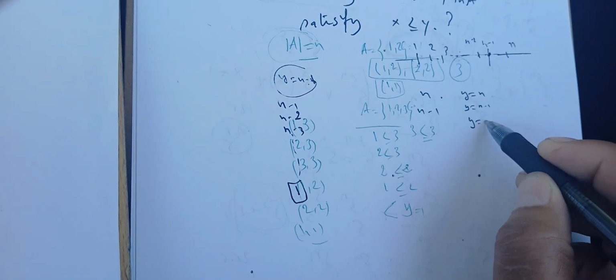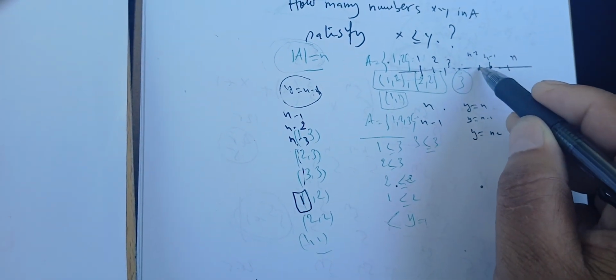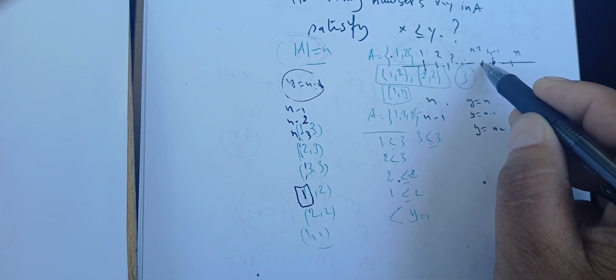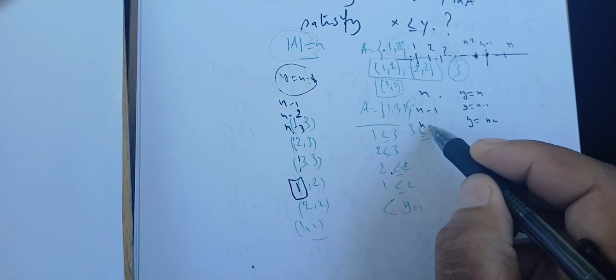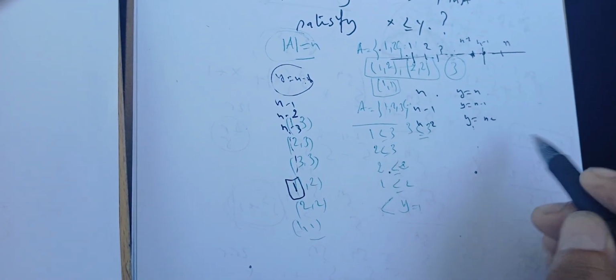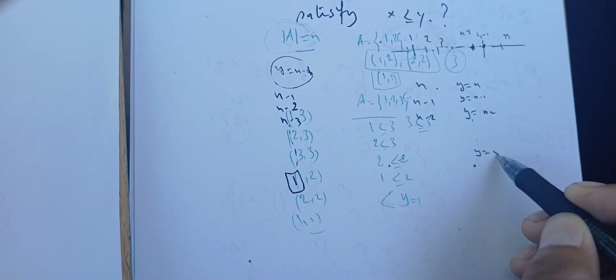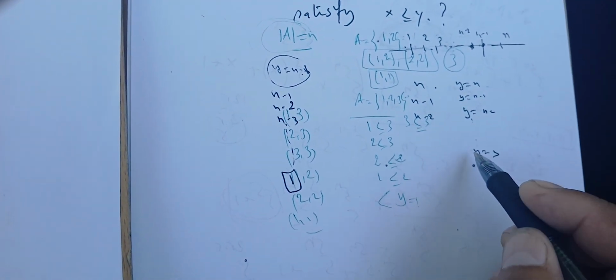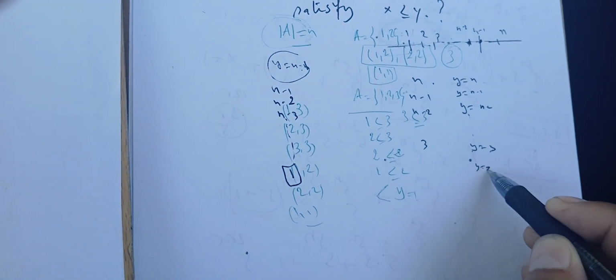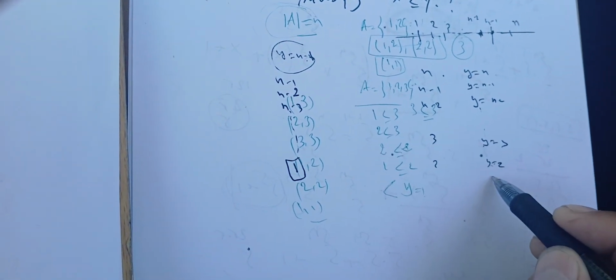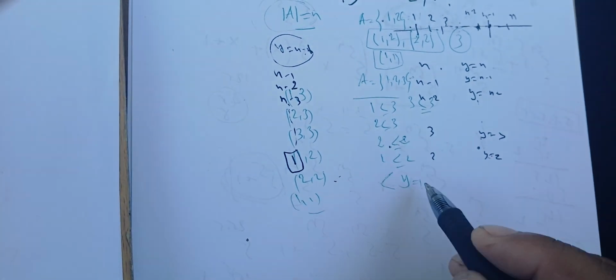If y is n minus 2, the values go from n minus 2 down to 1, so it's n minus 2. If y is 3, we have 3 elements. If y is 2, we have 2. If y is 1, as we have seen, we have only one element.